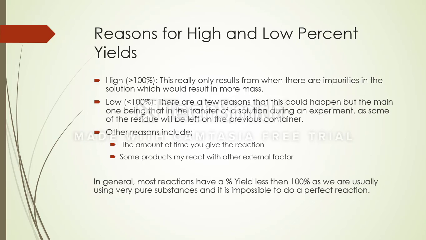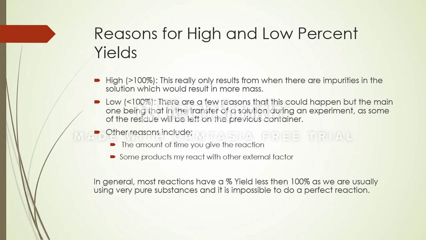A few other reasons are the amount of time that you give the reaction. This could be that you don't give the reaction enough time, which could result in not all of the reactants reacting together and not getting enough mass in your product.